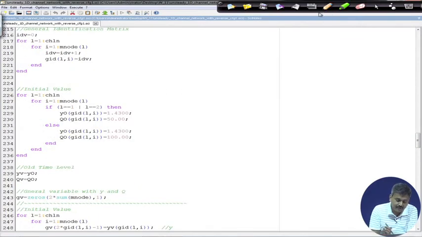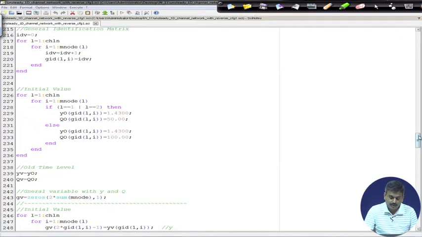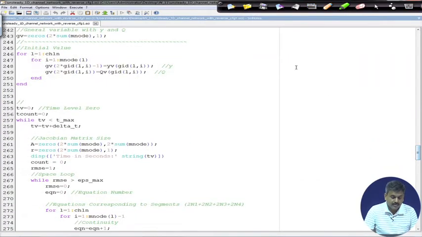This is 50 and 1.43 for channel 1 and 2, and this is 100 and 1.43 for channel 3. Old time level values, we are taking this as gauge value, we are starting this. Now, we have defined this general variable and we can transfer these values to the general variable. After that, we can start our time loop.